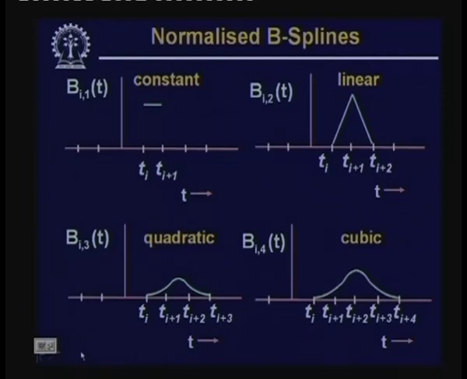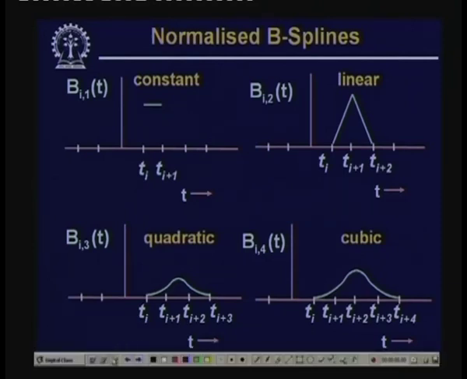So, normally the B-spline functions which are used for interpolation purposes are the first order, that is k equal to 1, the second order or linear, that is k equal to 2, and the cubic interpolation, that is for k equal to 4.